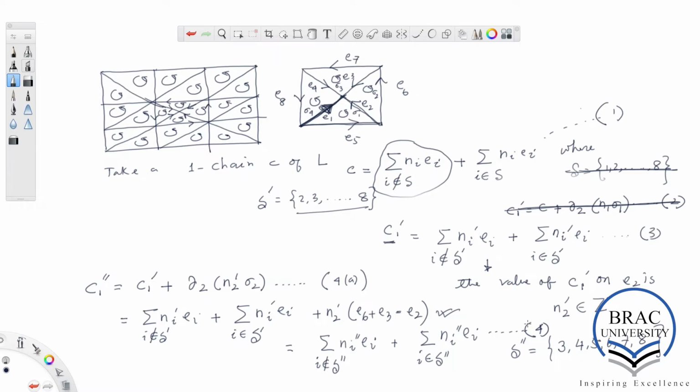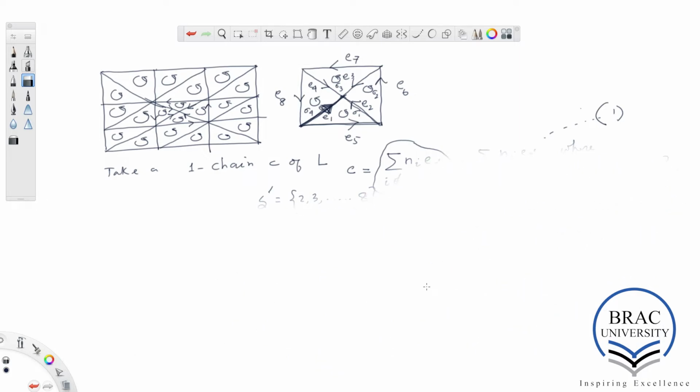Okay, so now let me erase this part. So from that equation number 4, the one that I just erased, one finds that the value of the one chain C1 double prime on E3 is N3 double prime.